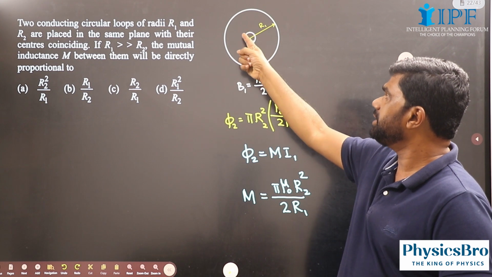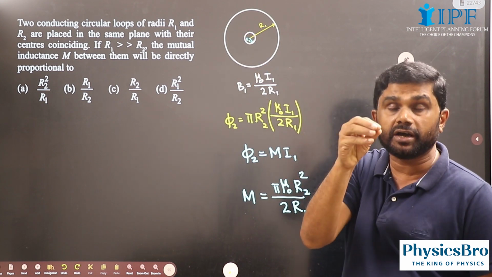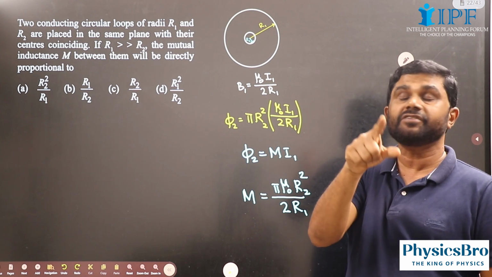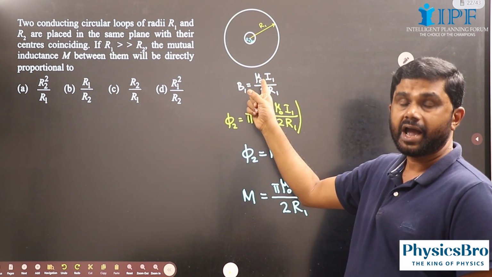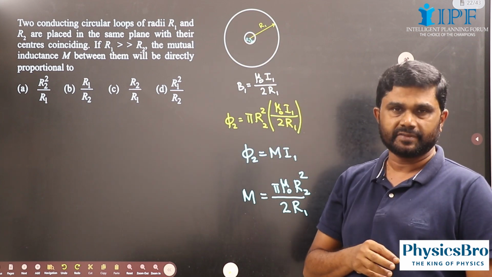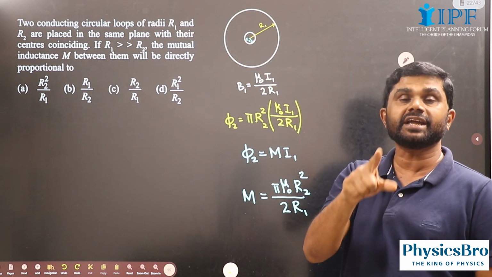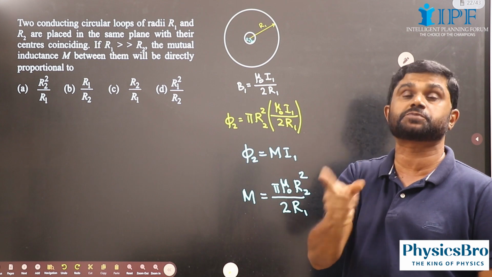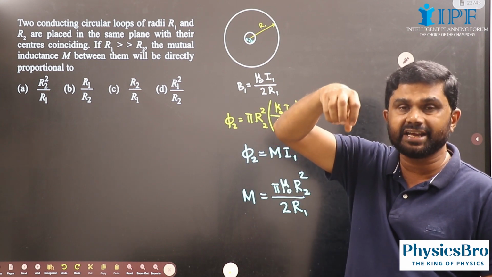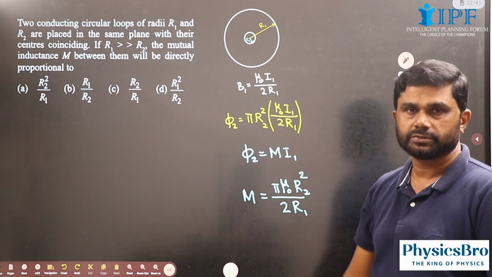If we keep the area of this smaller loop as small as possible, then we can take this field as constant everywhere inside that smaller loop. That will be possible only if the area of that loop is much smaller. Its area must be small, at the center of the bigger loop.